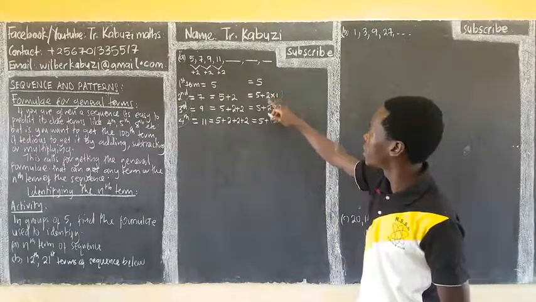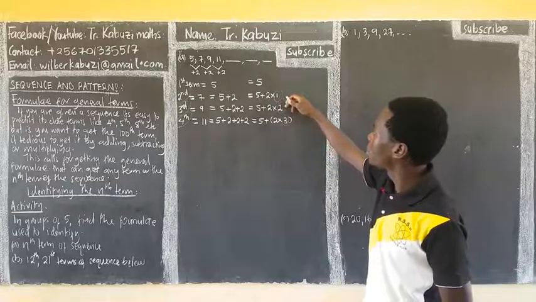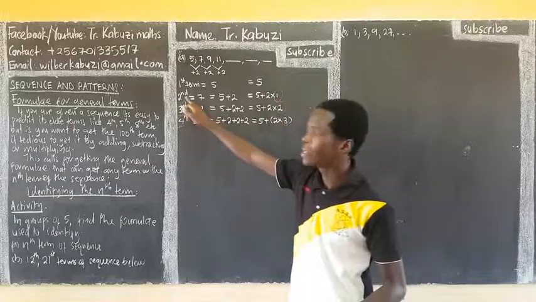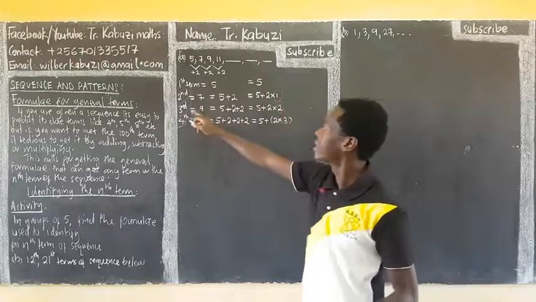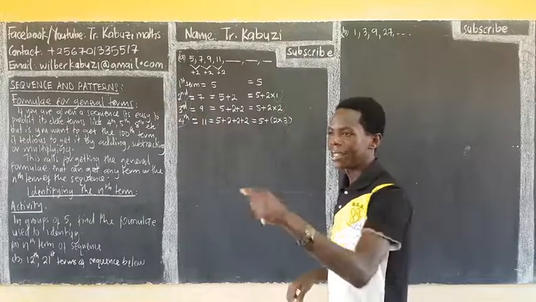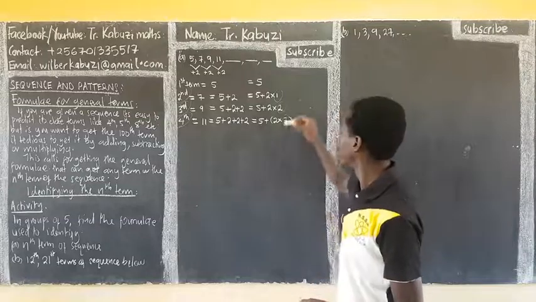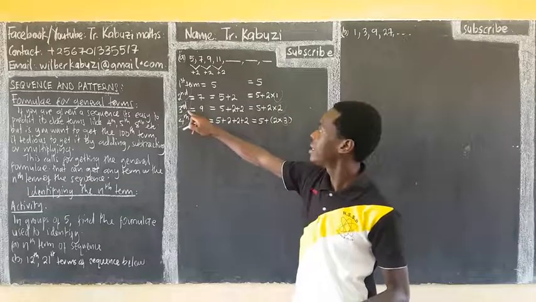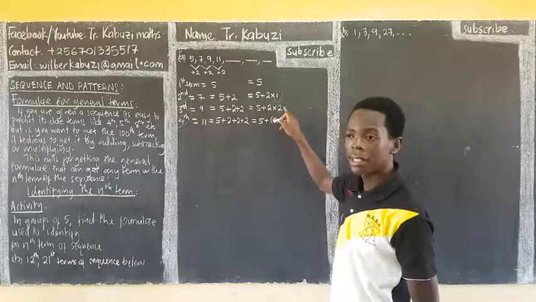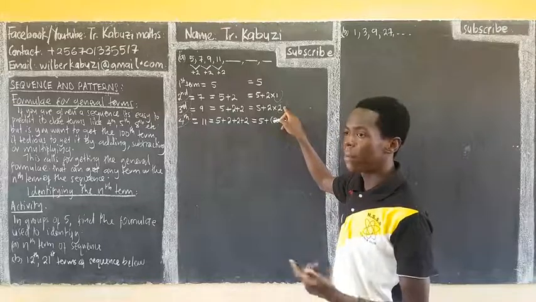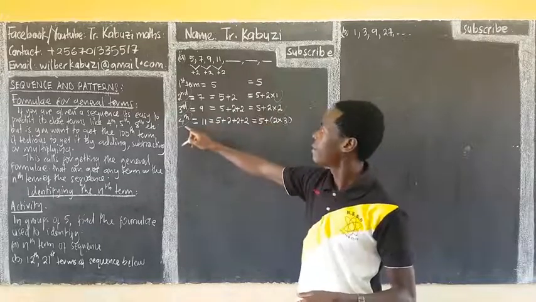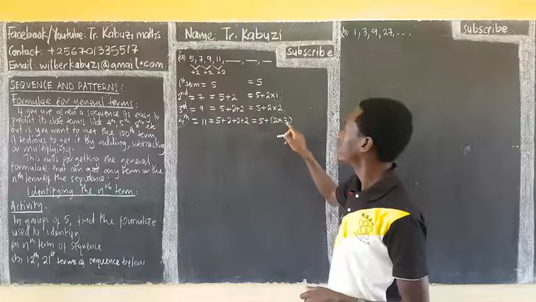You see that this 2 is constant throughout. So what's the relationship between this number and the term? Yes, the number is always less by 1. If you have the third term, we are getting 2 times 3 minus 1, which is 2. Then if we have the fourth term, this will be 2 times 3.